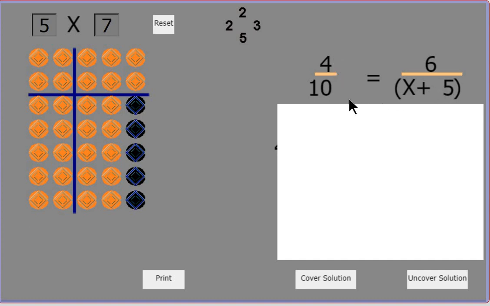We have two equivalent fractions, and the numbers above the horizontal axis correspond to the numerators, and the numbers below the horizontal axis correspond to the denominators.